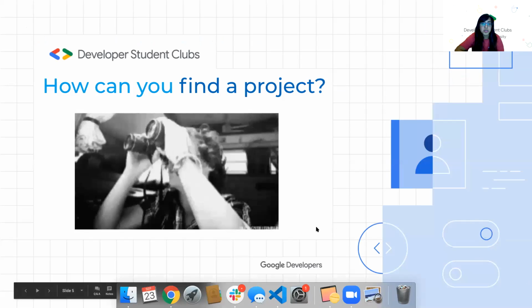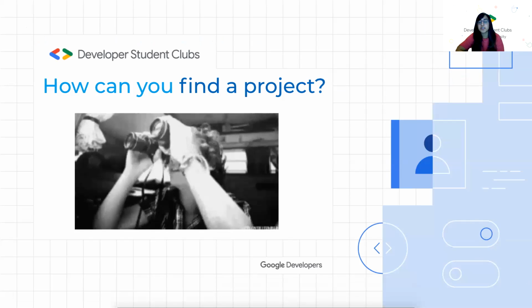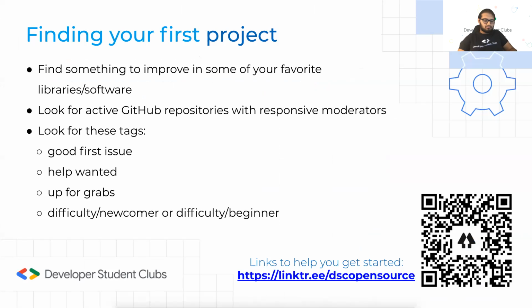Yeah, so now we'll move into how you can actually go about finding your first project. Finding your first project can start off in many different ways. You can use your personal experience with some technologies and see if you find anything to improve upon, or if you have any suggestions. You can also look for repositories with projects that you might be interested in, and see if the repositories are actively being added to and modified.